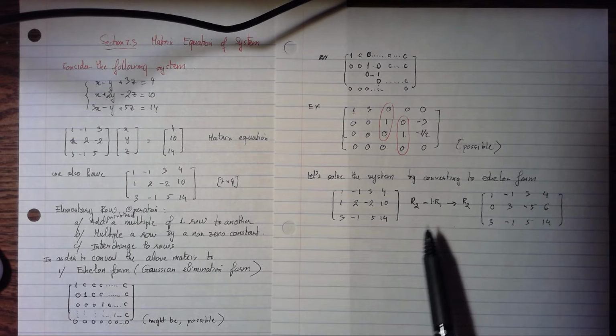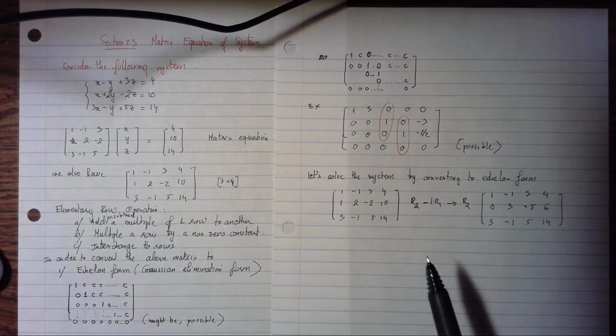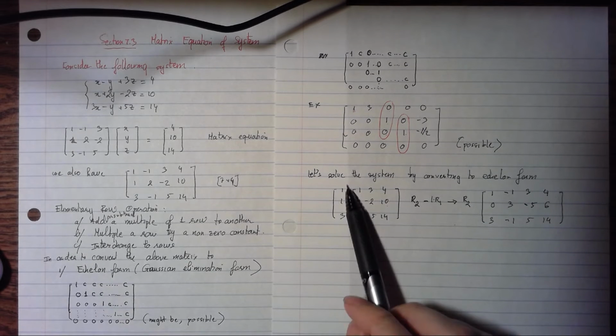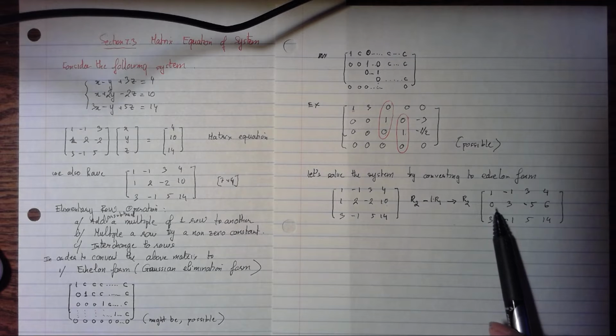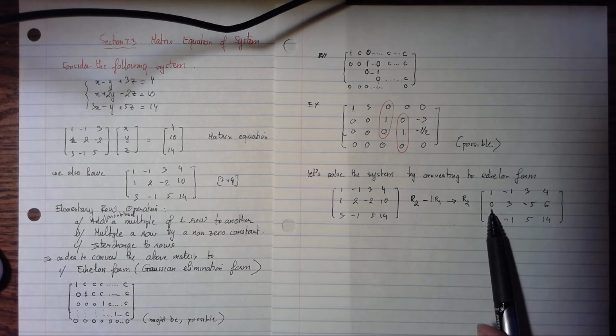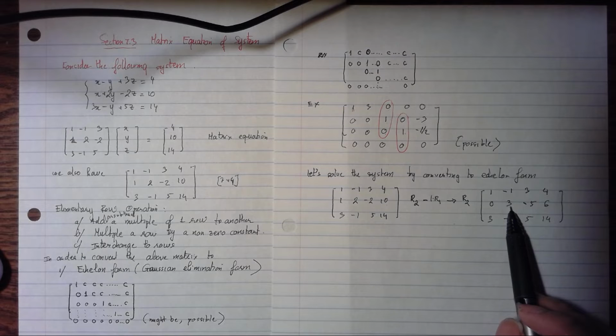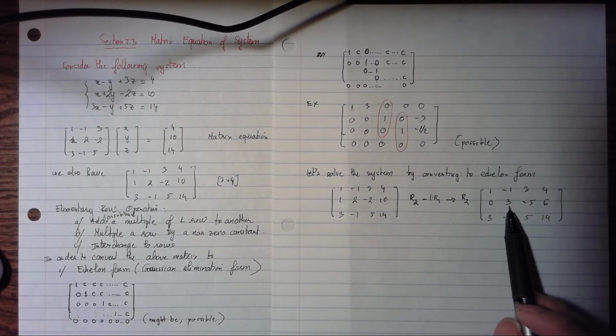You start with R2, and you can add or subtract any of the rows to get a new row 2. The reason I subtract row 1 is because 1 minus 1 gives you 0. In echelon form, you always have 0 on the left. Now you want to have 1 over here.